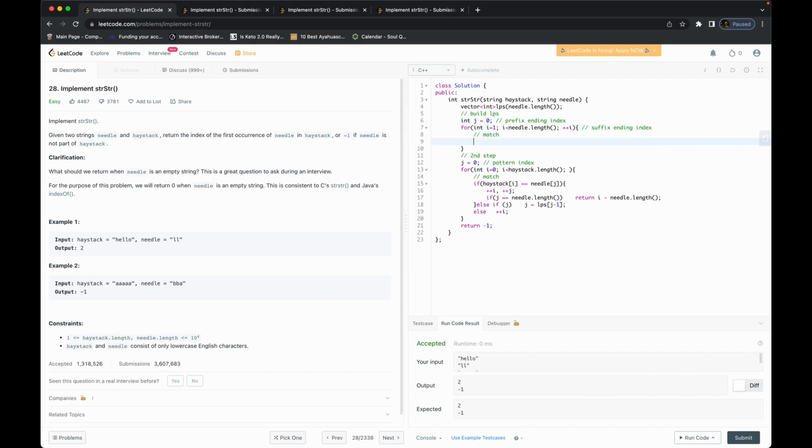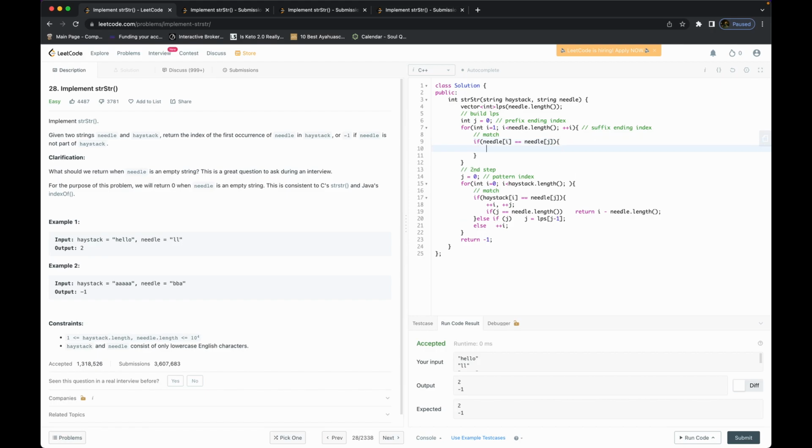Now, if the suffix and the prefix are matching, that's kind of a trivial case. Well, we need to set the LPS value. I am post-incrementing i here because i needs to be incremented later. I am pre-incrementing j here because I want to know the length, and the length is actually 1 plus the index.